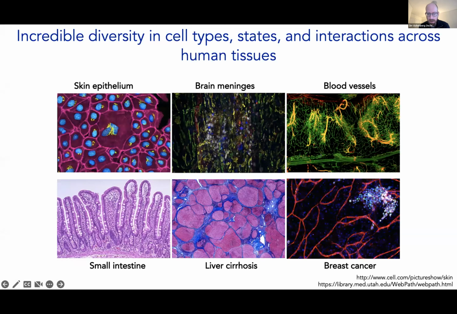For instance, in the blood, you can see monocytes migrating into the tissue and differentiating into macrophages. In the small intestine, you can see these very differentiated epithelial cells that line the crypts. And then we also have disease tissue like liver cirrhosis or breast cancer, where there's this change in the tissue structure and the cell types and states that are present.